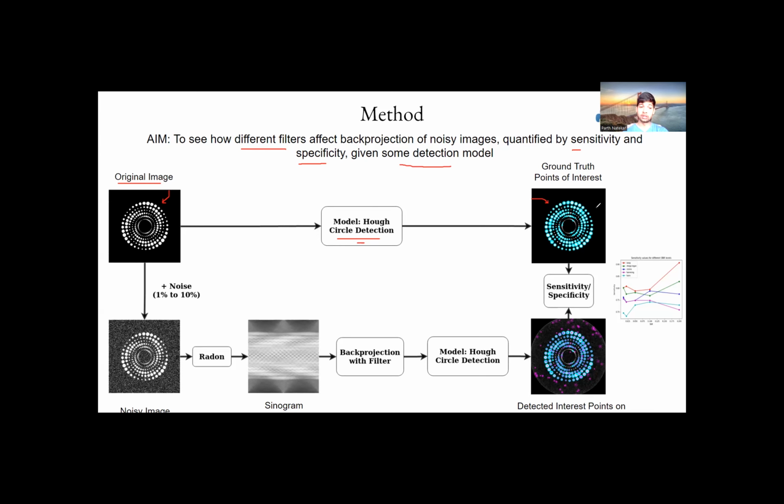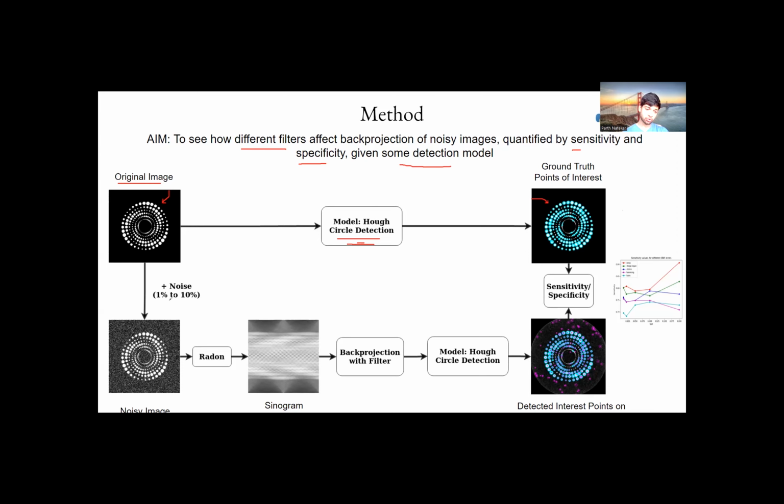What we want to see is, in case you were to add some noise to this image, or you had a noisy process of reconstructing the image, and if you reconstructed this image using back projection with a particular filter, let's say the ramp filter or the Hamming filter, and you ran that reconstructed image back through this model, what would be the performance of detection of the same model on a reconstructed image using some filter, right?